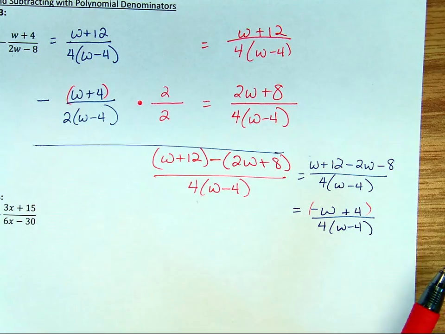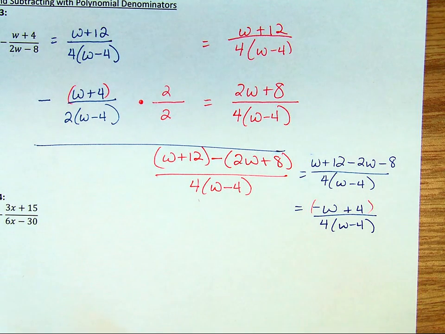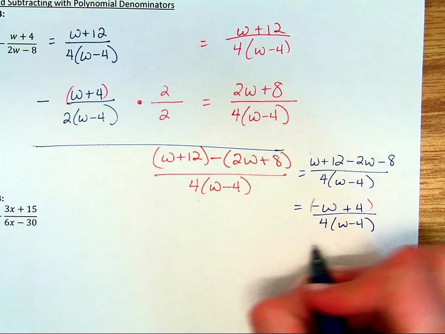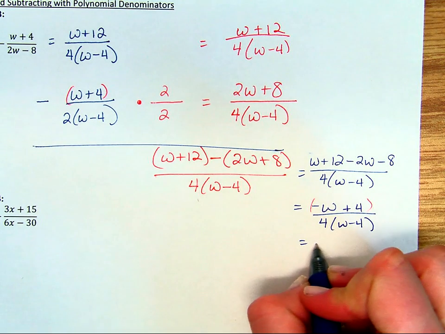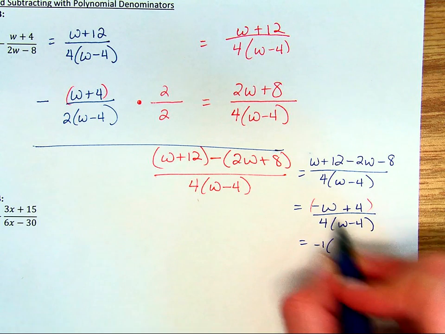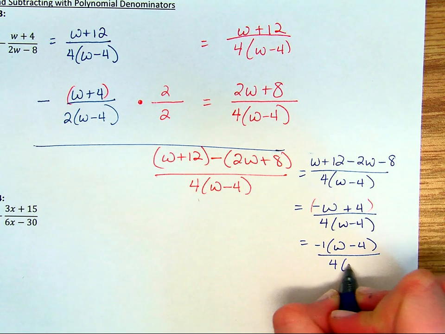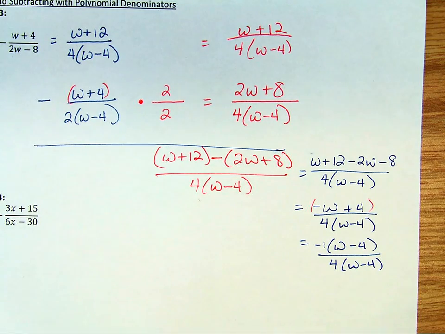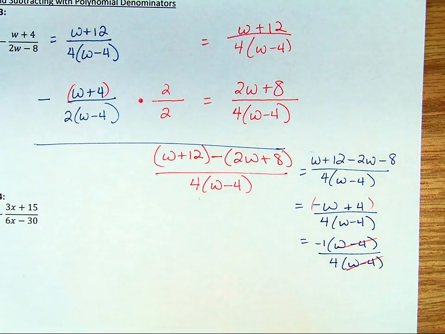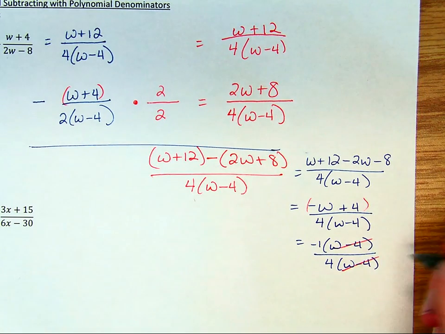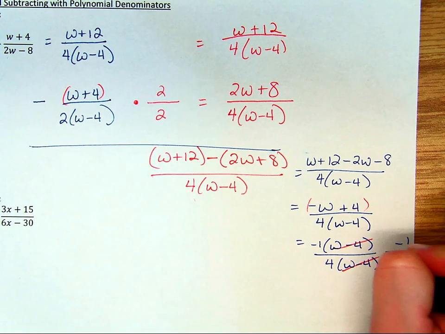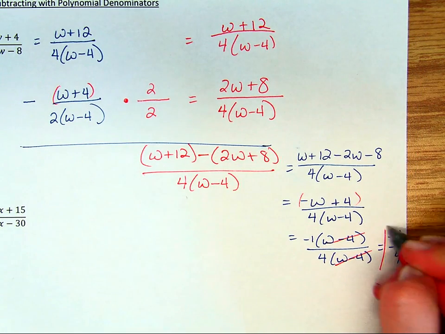So if I factor out a -1, I can actually cancel or simplify a little bit more. So I'm going to take out a -1 from the top, changing this to positive w minus 4. And now I can actually cancel that out. So I'm left with just -1/4. All that, and I get -1/4.